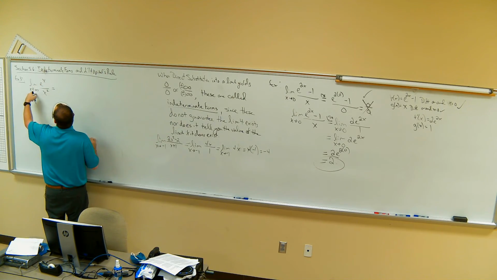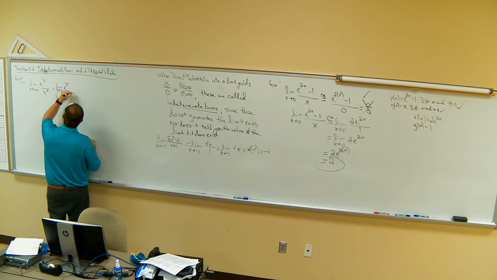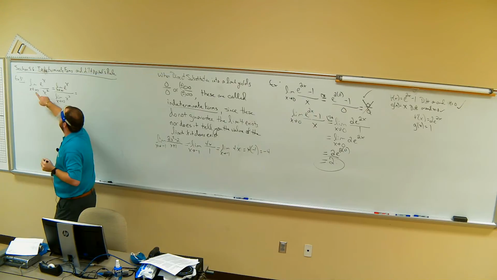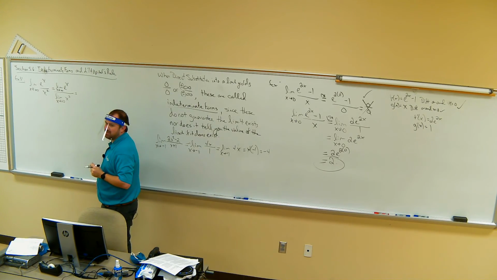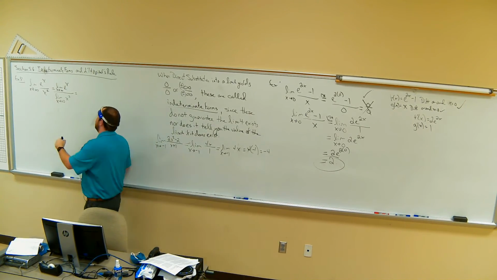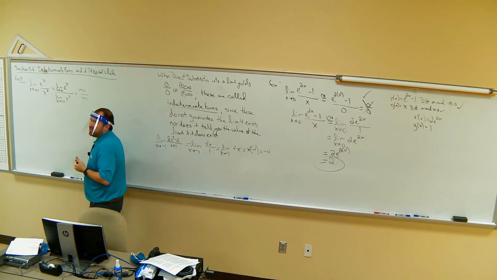But we can take the limit as x goes to infinity of e to the x, and bring this limit into the fraction. What's the limit as x goes to infinity of e to the x? Infinity. And what's the limit of x squared? Infinity. So there's that indeterminate form, infinity over infinity.